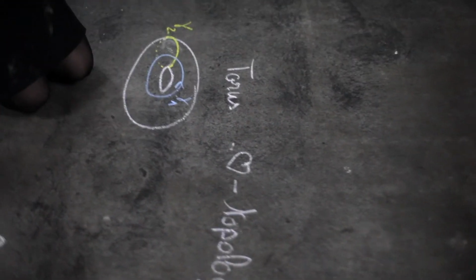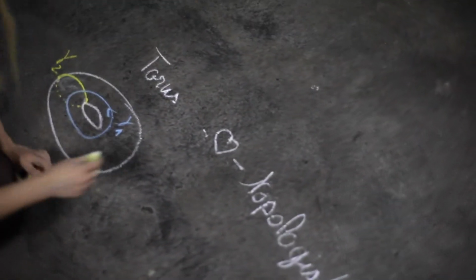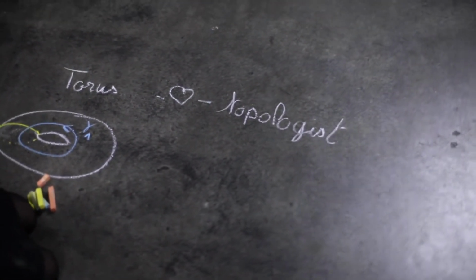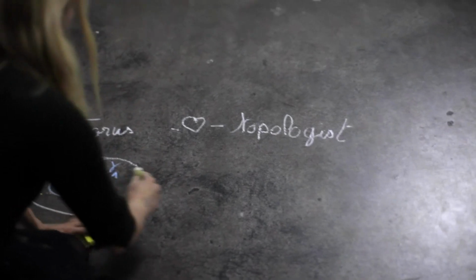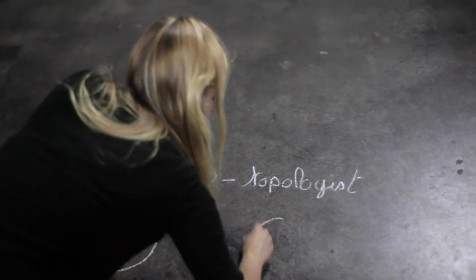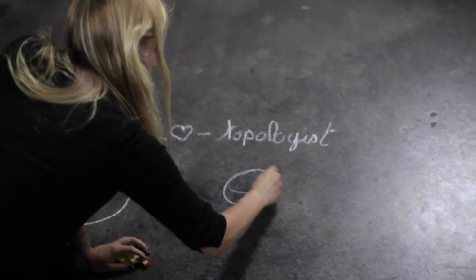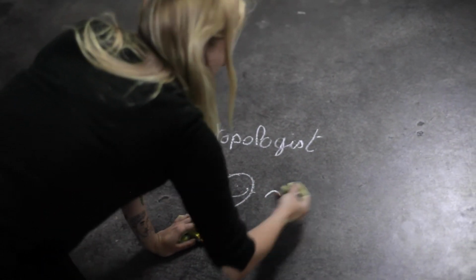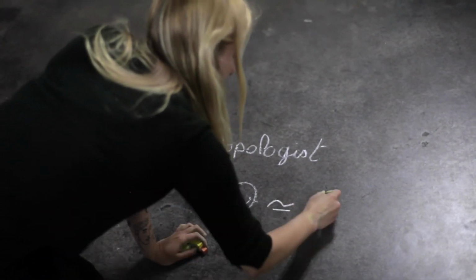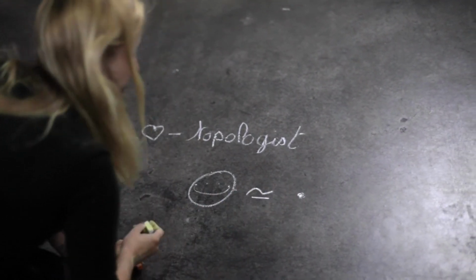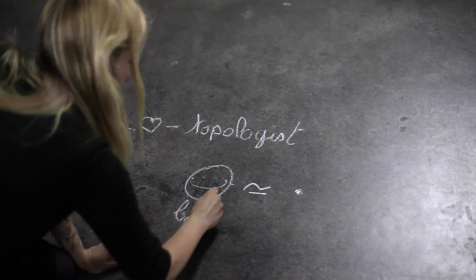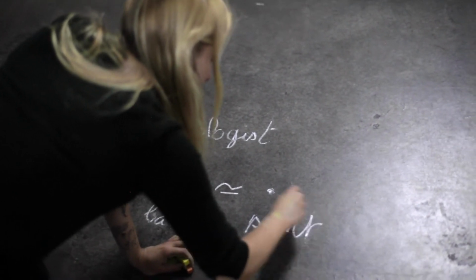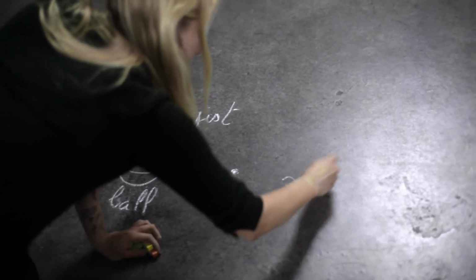Those guys look at volumes up to continuous deformation. So for them, when you have a sphere, it's equivalent, almost the same, as having a point. So a ball is the same as a point.